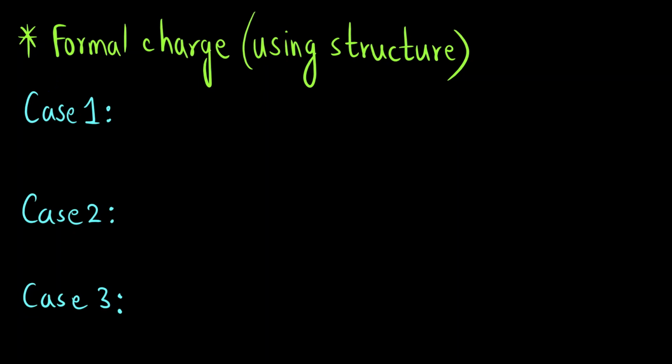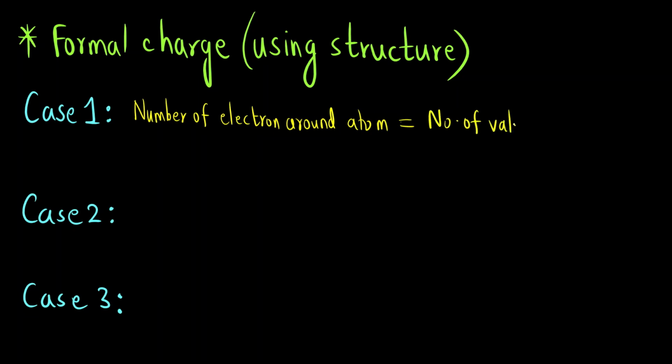So while finding out the formal charge, we will come across three different cases. Case one is when the number of electrons around the atom is the same as the number of valence electrons.